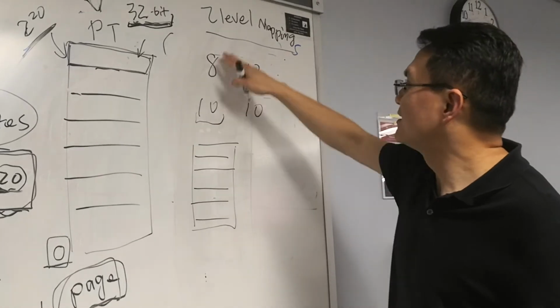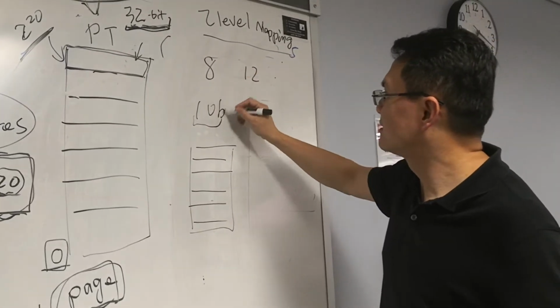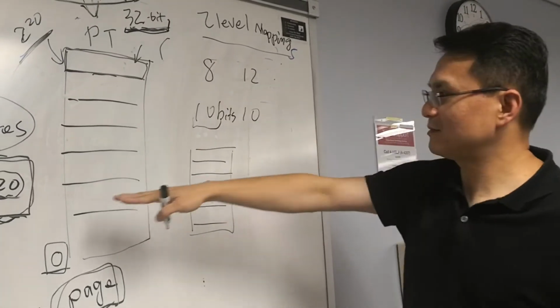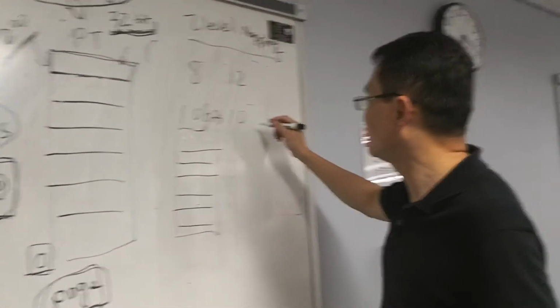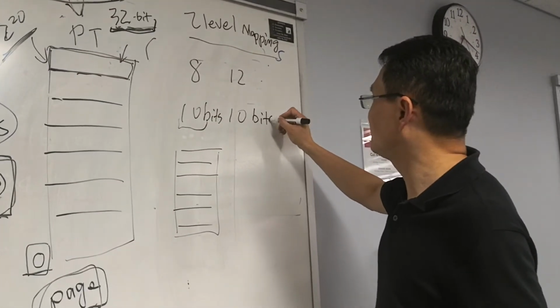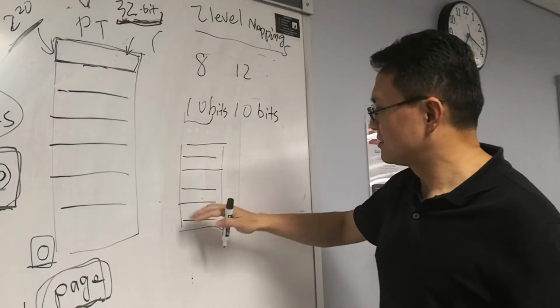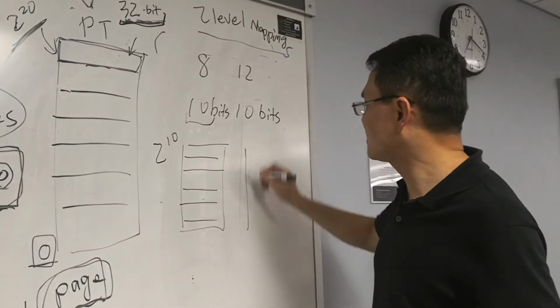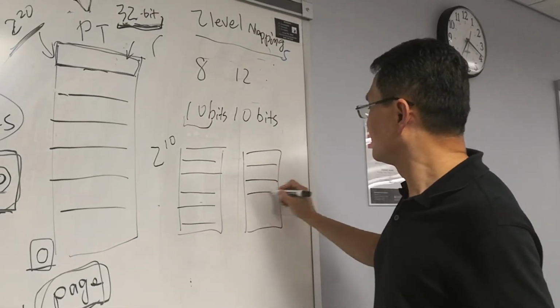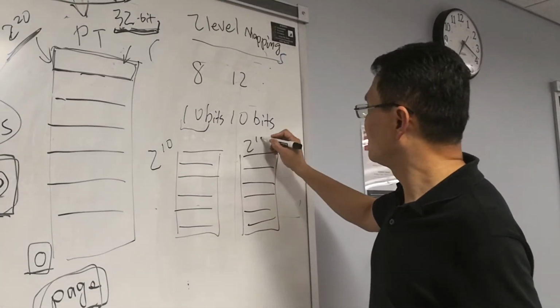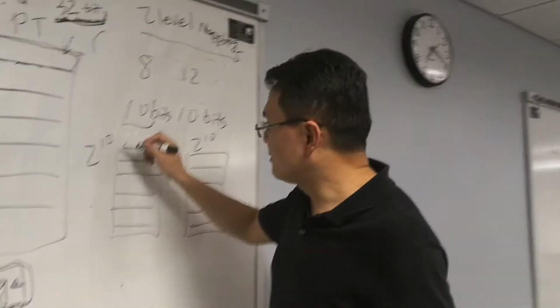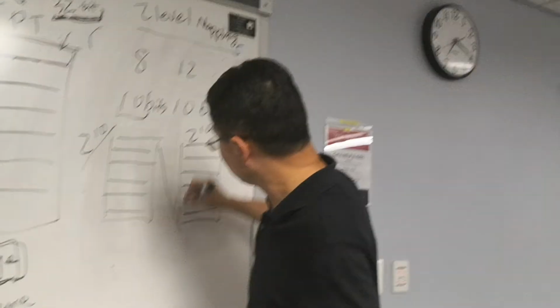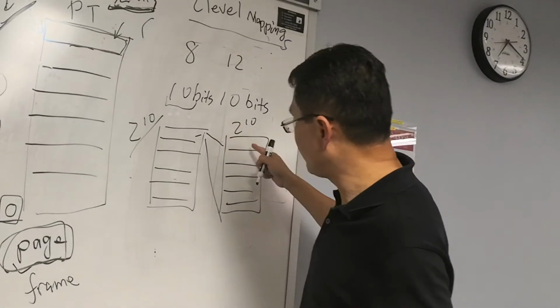So if I have first level with 10 bits, you have like 2 to the 20 overall. Second level with another 10 bits. The first level will have 2 to the 10, the second level 2 to the 10. For each entry in the first level, it has 1 page.